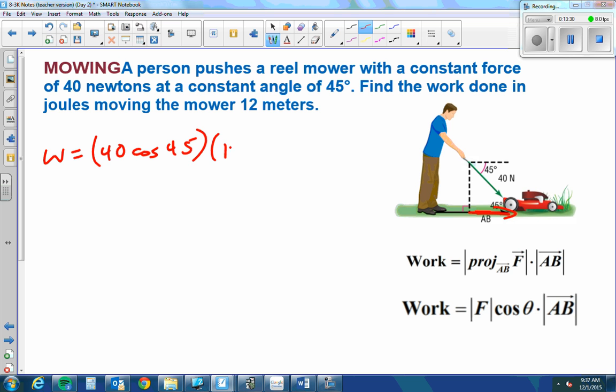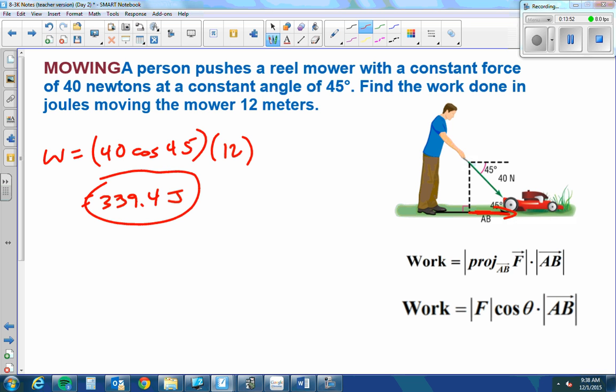Well, that was just 12, wasn't it? So like I said, just figure out how much of the force is in the direction of motion, multiply it times the distance traveled, and you'll have the answer, which isn't exactly what we did using the dot product. So you get the same answer, 339.4 newtons times meters, or joules.